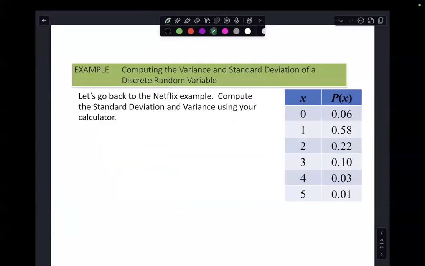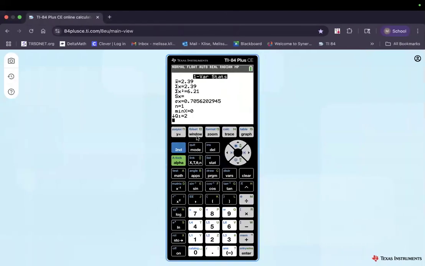Okay. We already did this, except I'm going to show you where we didn't actually do the standard deviation. I'm just going to go back. This is why I kept those in there. Go to calc, one var stats once again, second L1, because I left them in there, second L2.